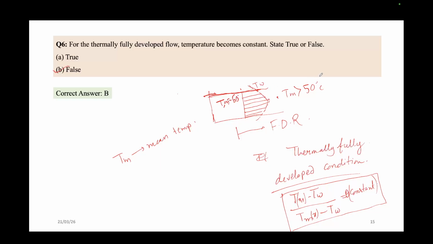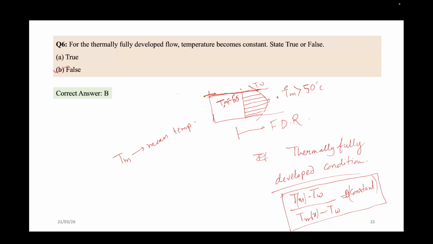So the distribution changes, but the distribution shape or profile will not change. Only the value will change.